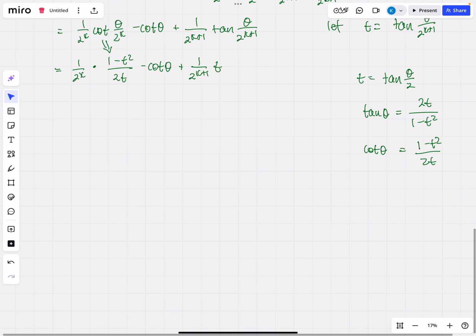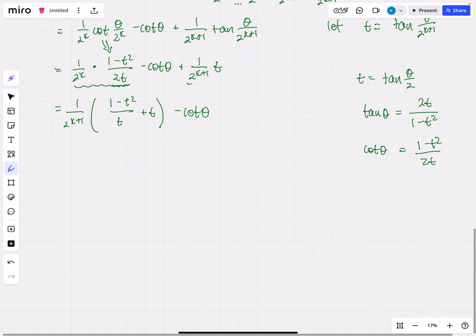So we're going to carry on here. Now we're going to factorize out the 1 over 2 to the k plus 1. So we're going to have here 1 minus t squared over t plus t minus cot theta. That's because in this bracket here, if I do 2 to the k plus 1 and multiply that by t, that's the same as the denominator that I had in the above line, right?